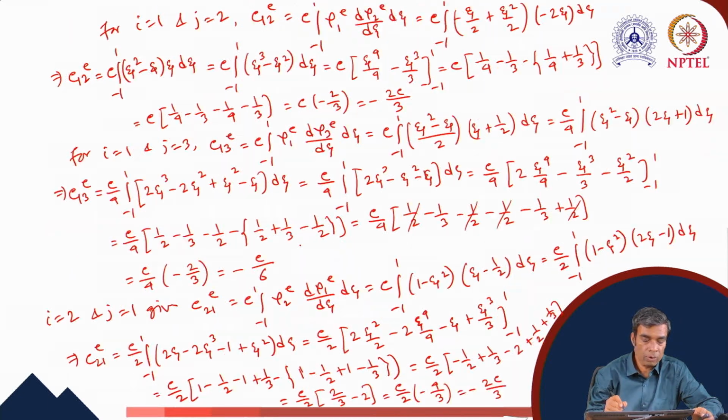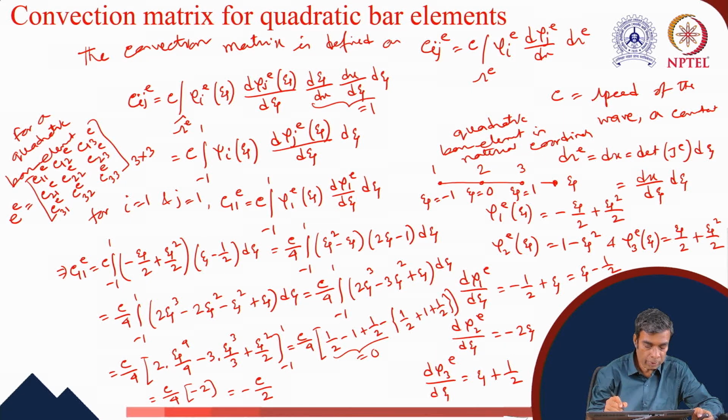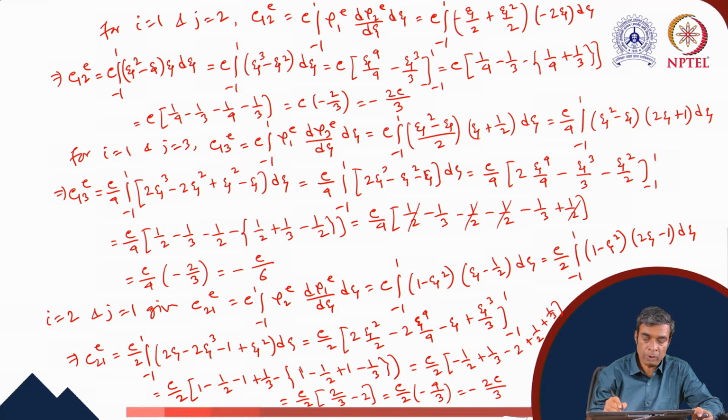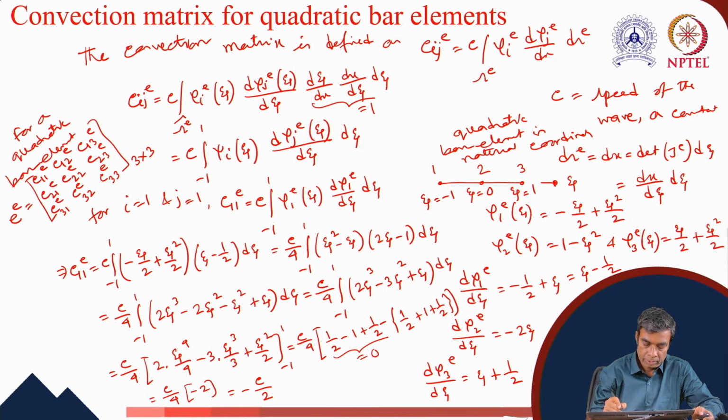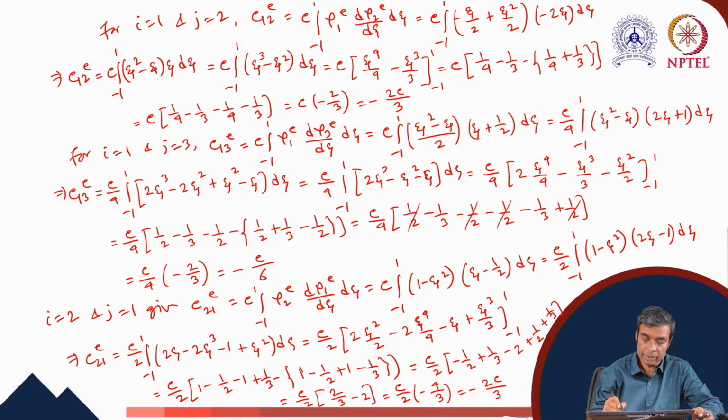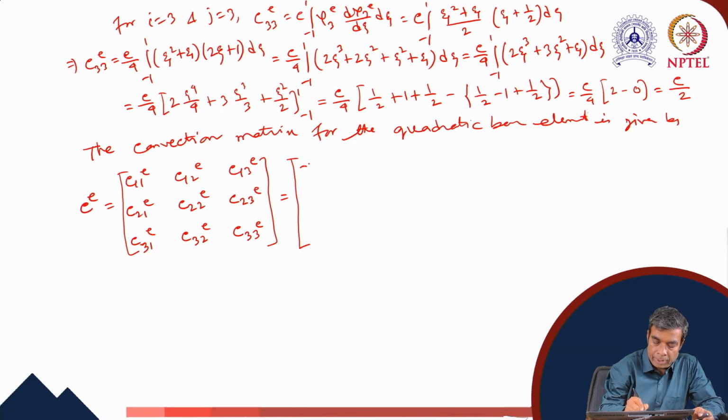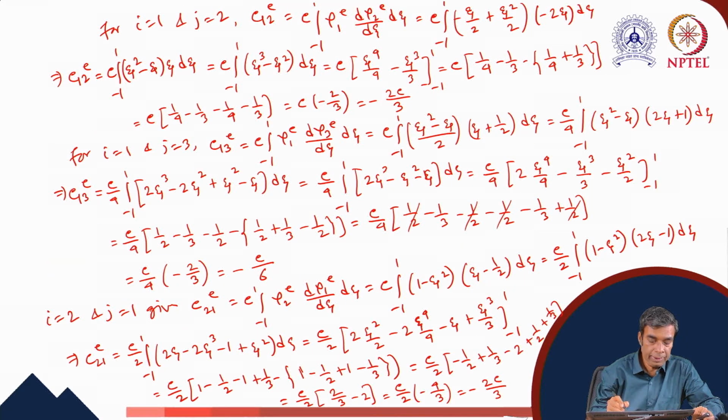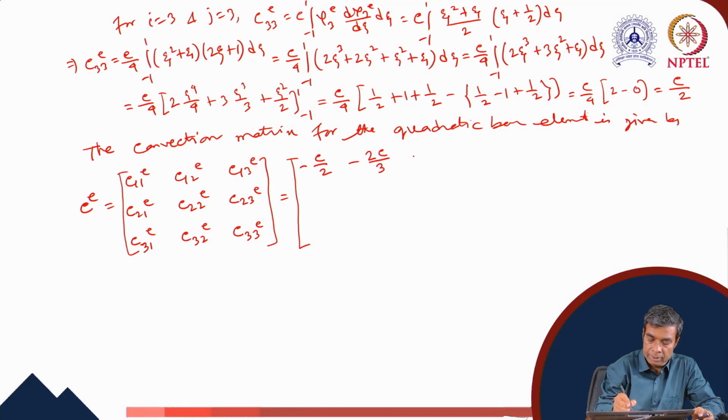So for the first row, our C11e was minus c by 2, and C12e was minus 2c by 3. So minus c by 2 and minus 2c by 3. Then we go for C13e, it was minus c by 6.